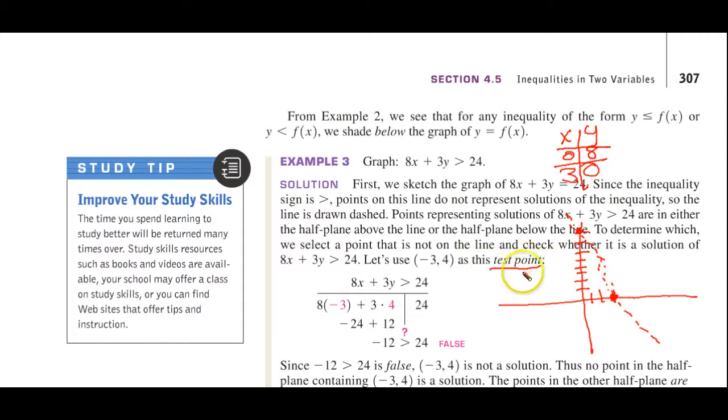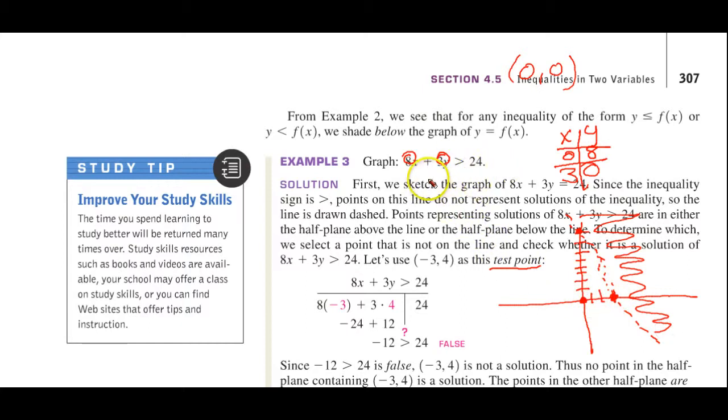The test point I like the most is the origin, which is 0, 0. If x is 0, this becomes a 0. If y is 0, this becomes a 0. Now, is 0 greater than 24? No, that's not true. So this test point is not in the area of shading, so we're going to shade above the line.